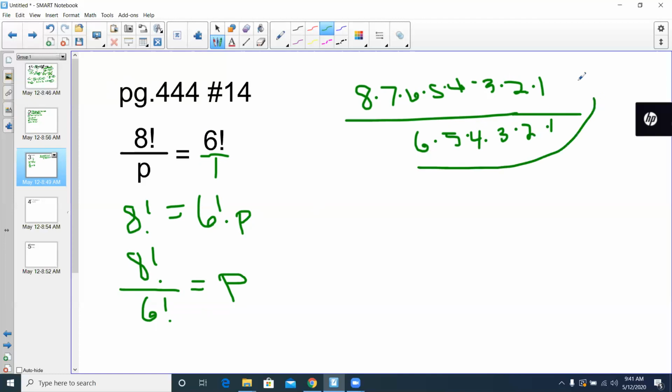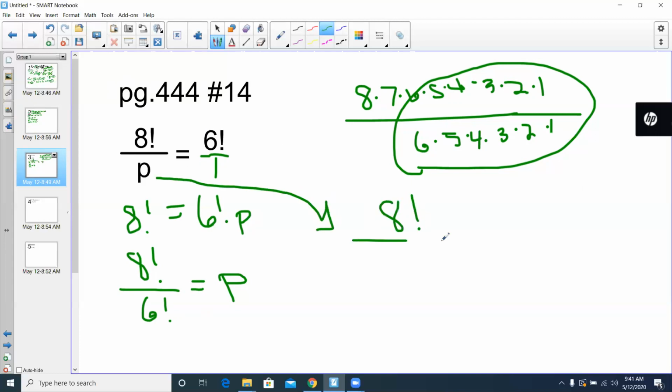So look at this, all of this cancels out, and we're left with 8 times 7, which is 56.